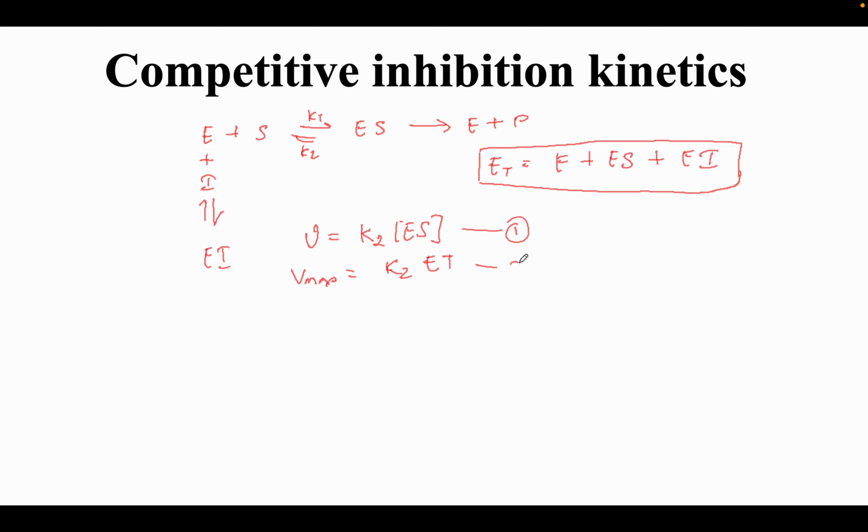So this is our equation 2, and if we take a ratio of initial velocity V versus ET, we'll write this as K2 ES upon ET. ET is this enzyme plus enzyme substrate plus enzyme inhibitor.